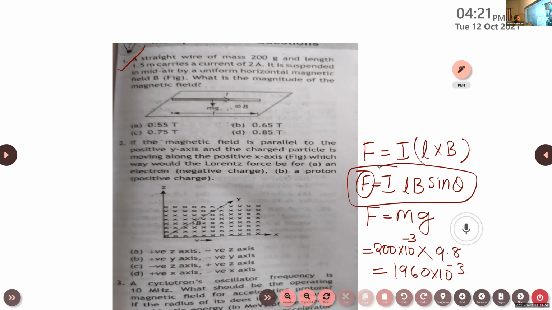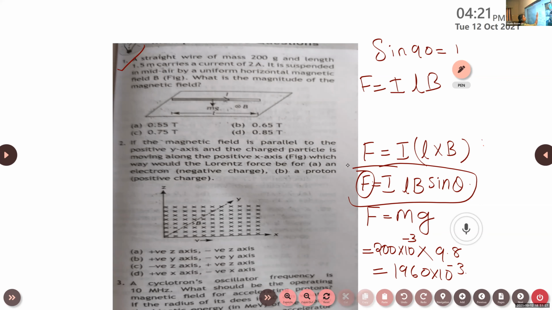90. Theta is equal to 90 degree. So sin 90 is equal to 1. Therefore, the equation becomes F is equal to ILB. For maximum force exerted on a conductor, theta is equal to 90, so sin 90 is equal to 1. Then F is equal to ILB.